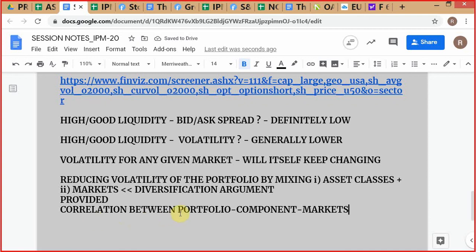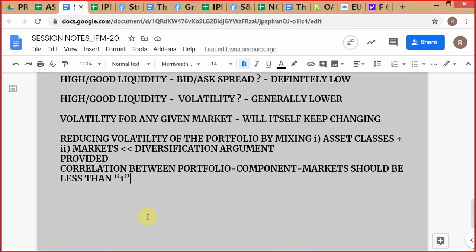So correlation between portfolio component markets should be less than 1. If correlation is 1, then you can add 5,000 stocks in your portfolio, but if they're all perfectly correlated, there is no benefit. Remember that this is based on the critical assumption that the correlation is less than 1.